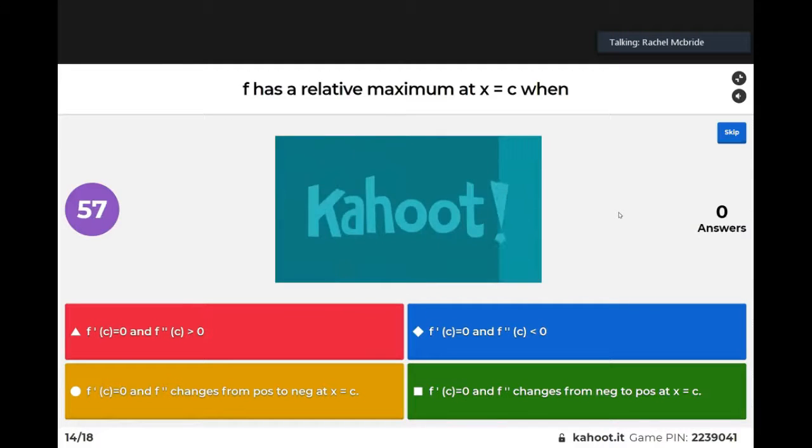This is the second derivative test for max or mins.